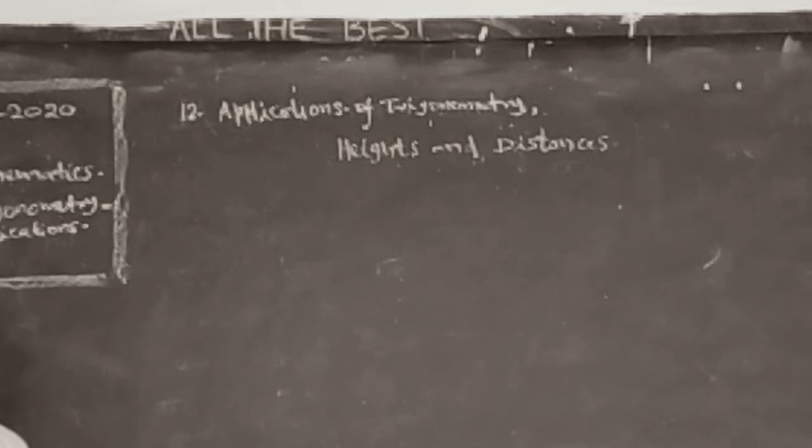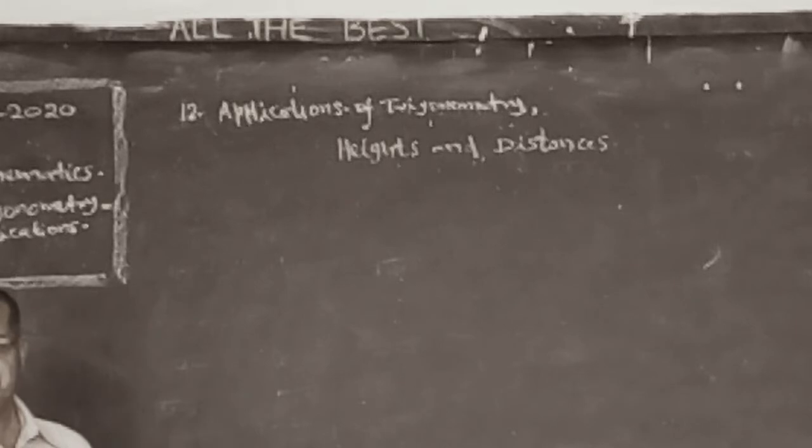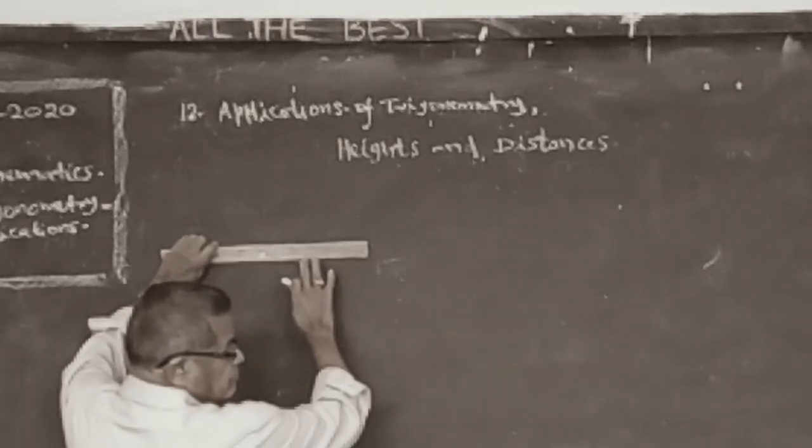We are standing on the ground, the objects are also on the ground, and we are observing the top of the tower or tree or mountain or an aeroplane flying in the sky. When we are raising our head, this is called angle of elevation.